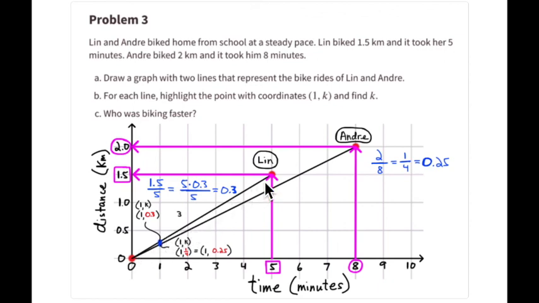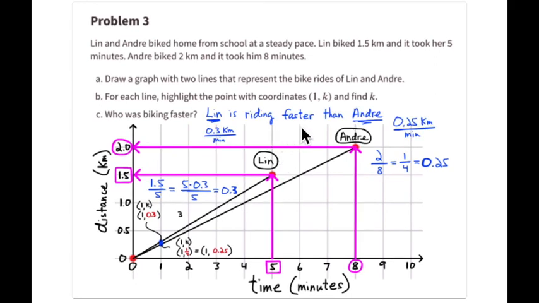Now we could talk about how much faster in terms of how many times faster, or just how much faster in terms of additional distance per minute. So Lynn is riding faster than Andre. She's riding at 3/10 of a kilometer in every 1 minute. Andre is riding at 25 hundredths of a kilometer in every one minute. So for each minute, Lynn travels 5 hundredths of a kilometer farther.